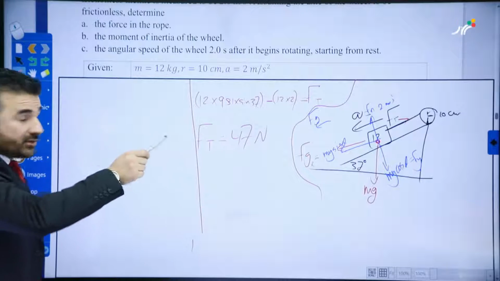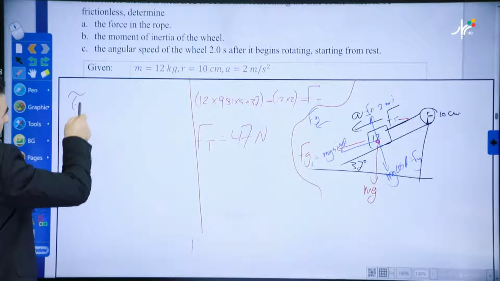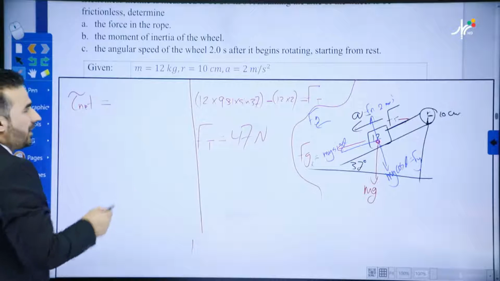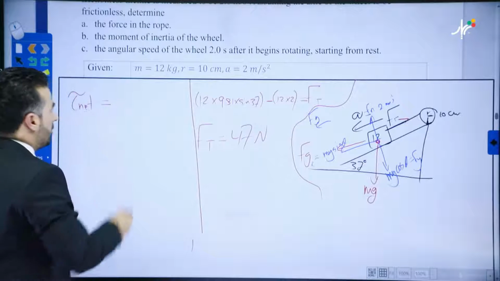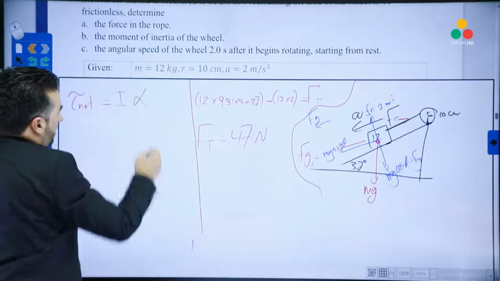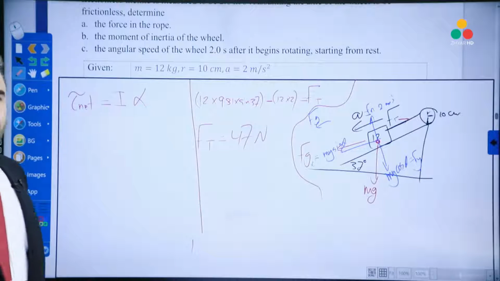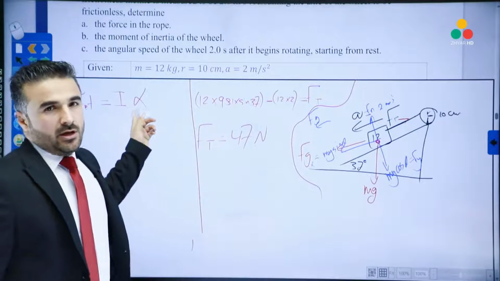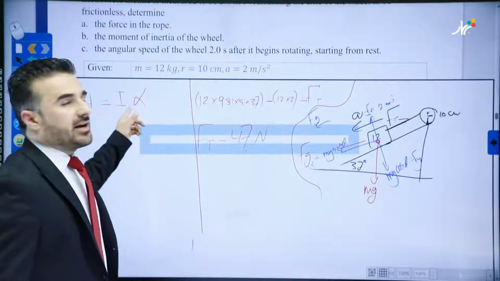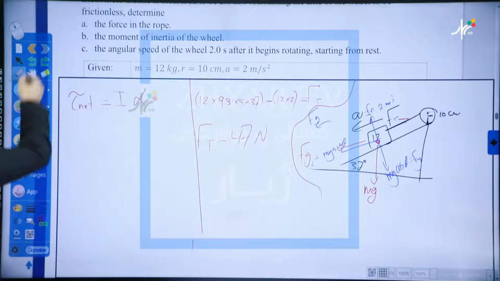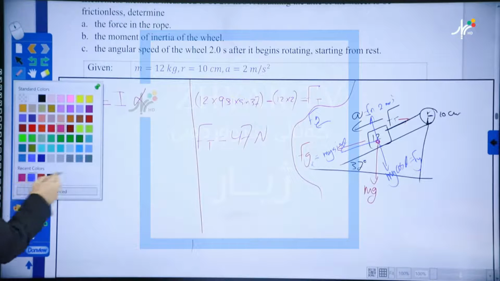By the way, because there is a rotation, you have the net torque, which equals moment of inertia times angular acceleration. Do we have angular acceleration? No. So how are you going to find it? We can do all this in one step perhaps.